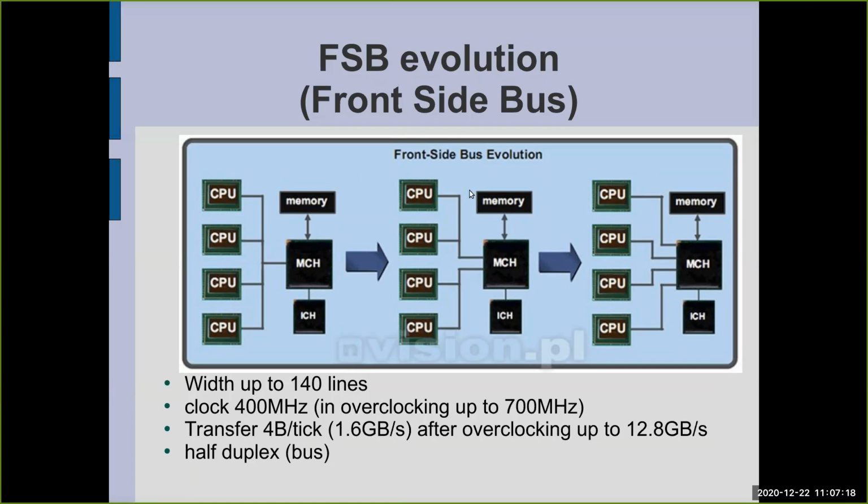Okay, so now look what happened over time. If we have several CPUs which were connected to the FSB, after some time they communicated with the North Bridge using a dedicated interface.